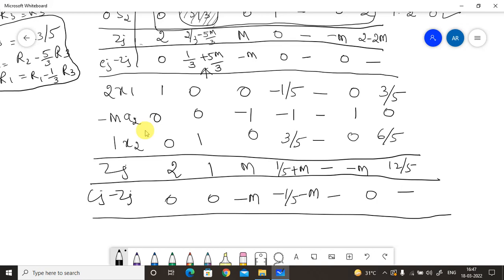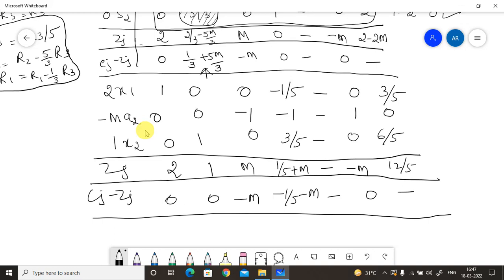In this condition we'll stop doing further iterations, because if I multiply this with minus 1, you'll get plus M with 1 by 5 plus M. Either you have to get a negative value and one positive, in that case we have to proceed further, but in this case all are 0, 0, 0, 0 here, and only these two are negative, so in such a case we will not proceed further, we will wind up the solution here itself.